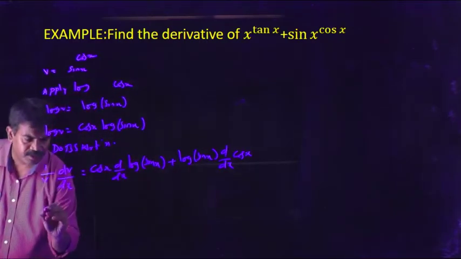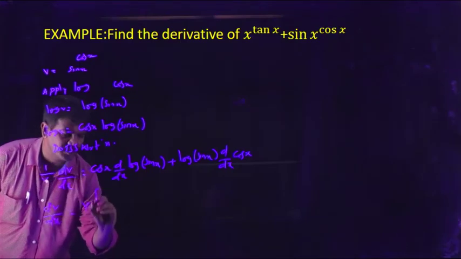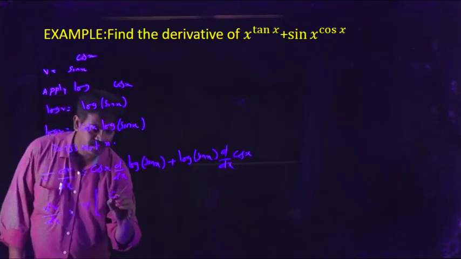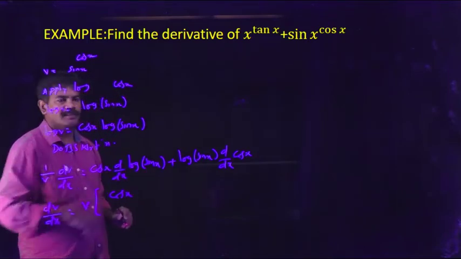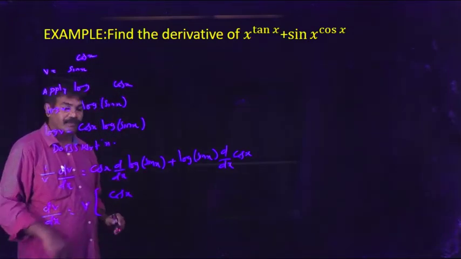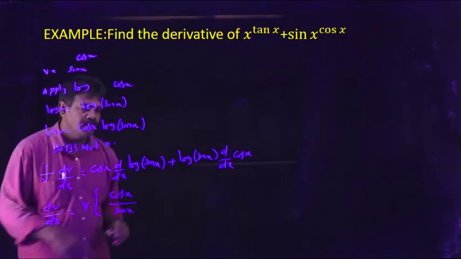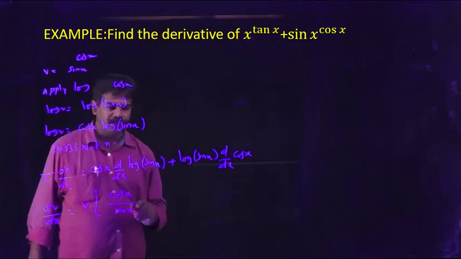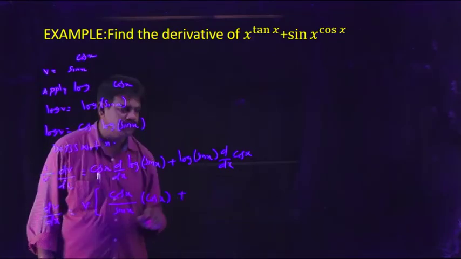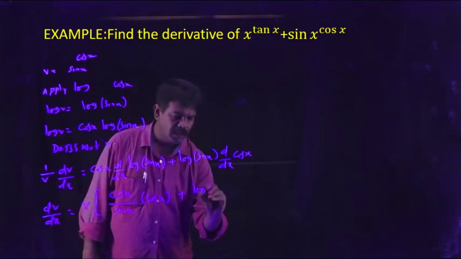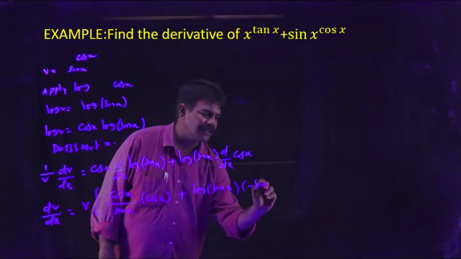So dv by dx is equal to, take the cross multiplication, that is v into cos x. It is in the form of log of a function. We know the formula for log x, that is 1 by x. That is 1 by sin x into derivative of sin x. Derivative of sin x is cos x, plus log of sin x into derivative of cos x, which is minus sin x.